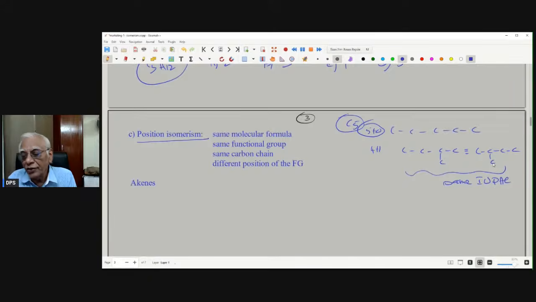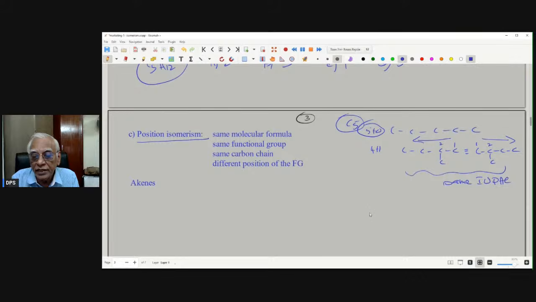It has to be numbered from left to right only; there are certain rules. The carbon containing a substituent should bear the minimum number. So this should be 1 here, this should be 2, always from right to left here. That way they are the same compound: 2-methyl butane, 2-methyl butane, one and the same structure.